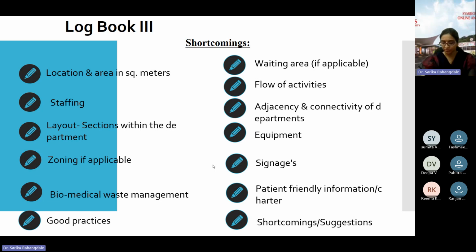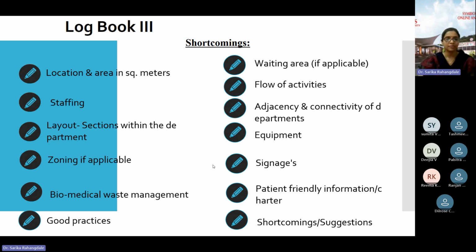It should not be that the OPD is far away from the reception or registration area, so that the patient has to come to the reception area and then go far away from the main entrance to visit that particular OPD. You also have to see whether the investigation or the lab is nearby or within walking distance, because after OPD, patients are usually suggested a few investigations.